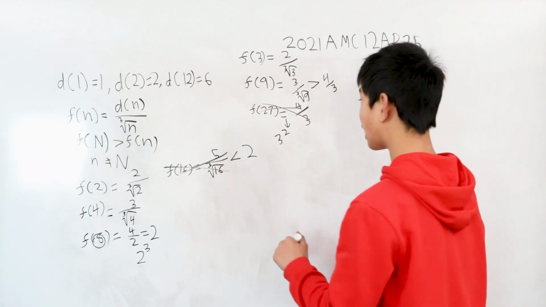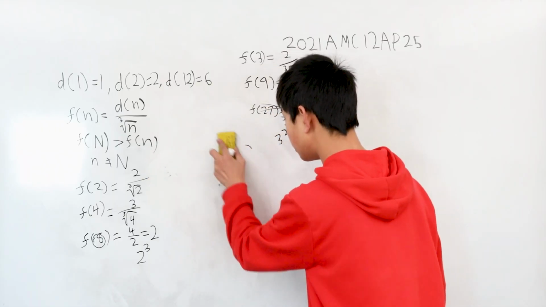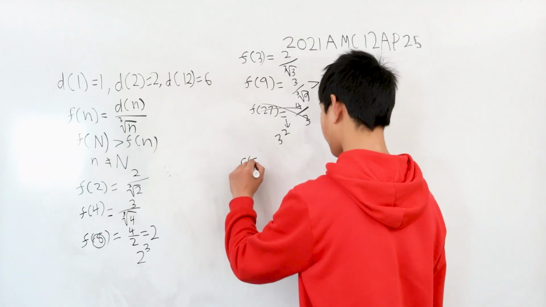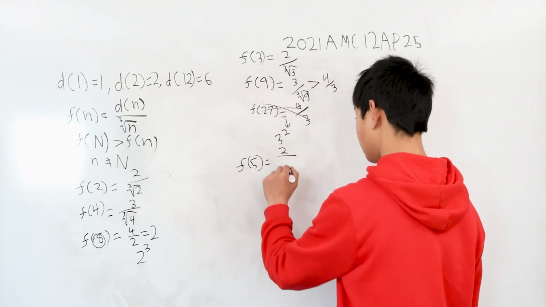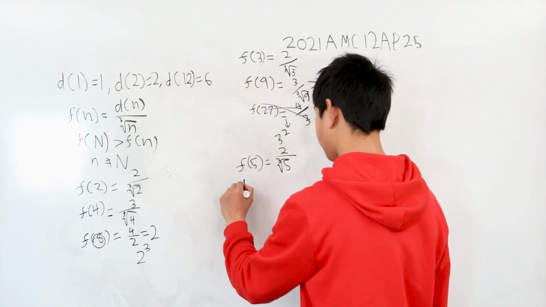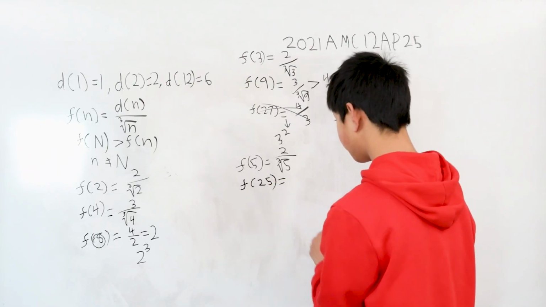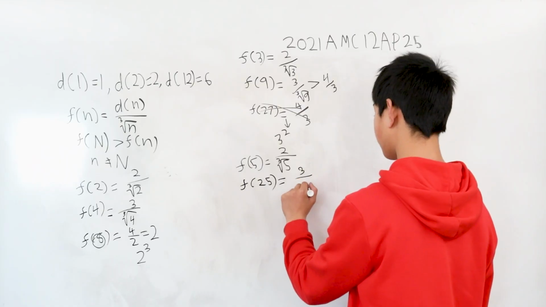If we go on with powers of 5, let's just erase this. For powers of 5, f(5) is equal to 2 over the cube root of 5. f(25) is equal to 3 over the cube root of 25.